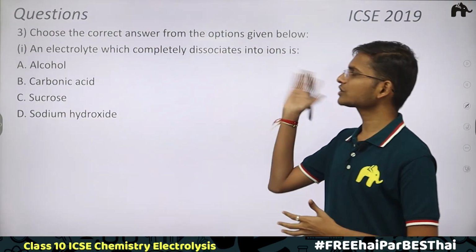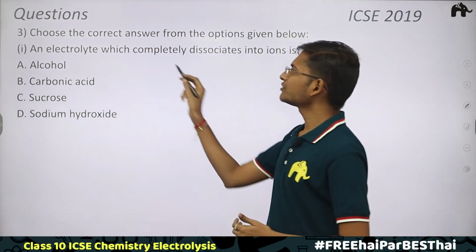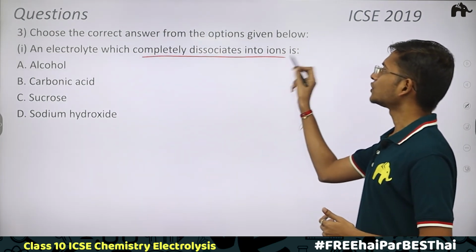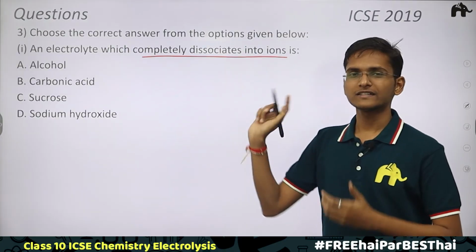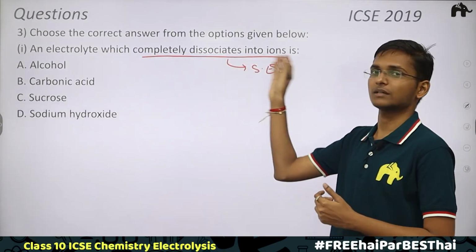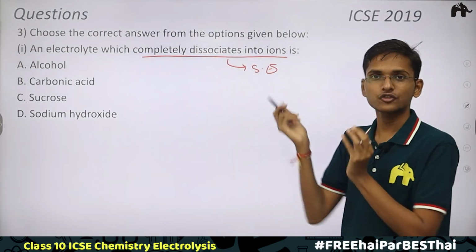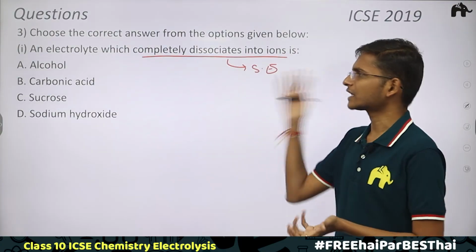Okay, moving on to the next question. Choose the correct answer from the options given below: an electrolyte which completely dissociates into ions. What is this electrolyte actually? It is a strong electrolyte. We know the electrolytes which completely dissociate into ions are strong electrolytes. So out of these four, we have to figure out which is a strong electrolyte, and that is our answer.